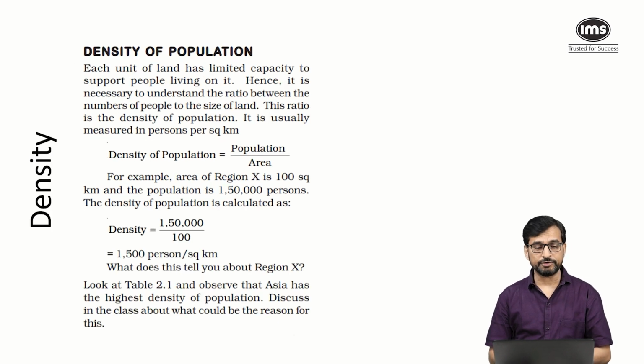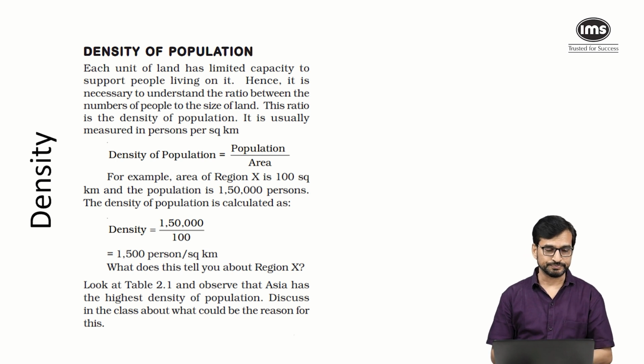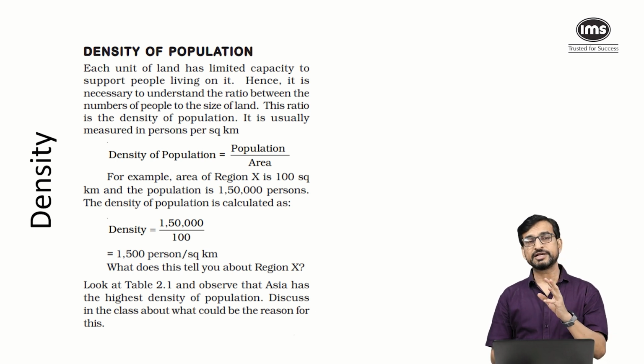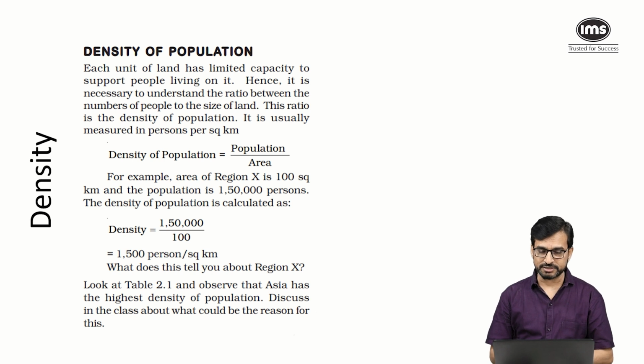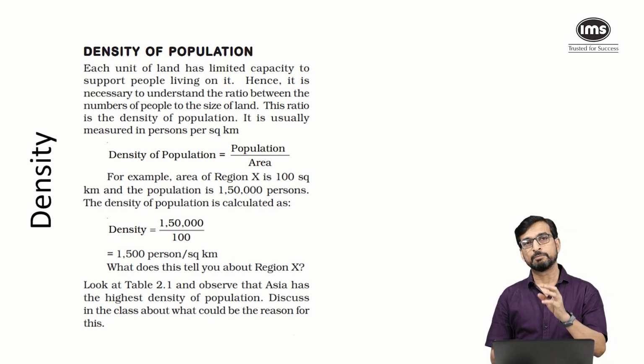Now, how do we find out the density of population? What I already told you: density of population is measured as population divided by the area.